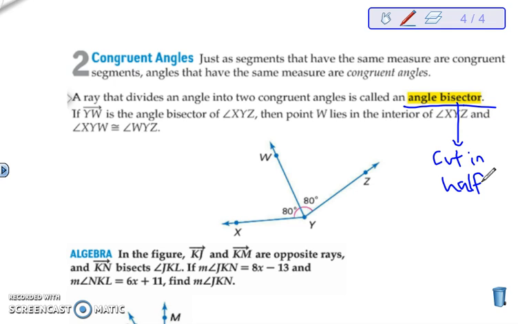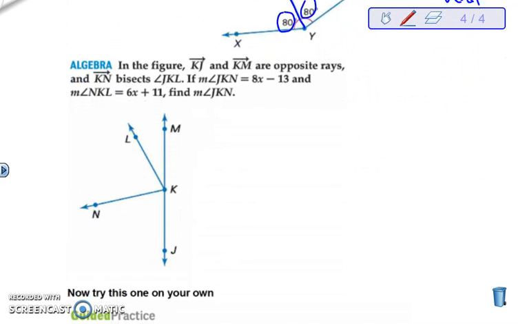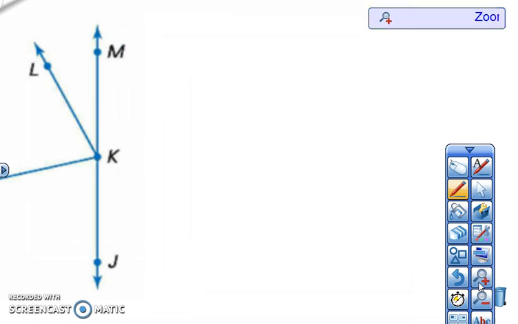So in the picture, this line bisects the larger angle because you see how the two sides match, which tells us that W has to be exactly in the middle of that angle. So for a problem like this, we're going to do something similar to what we did with our midpoints. We're just going to label everything that they give us and use that to set up our equation.